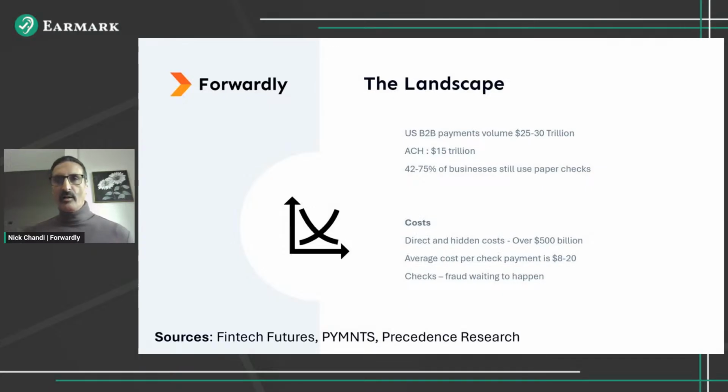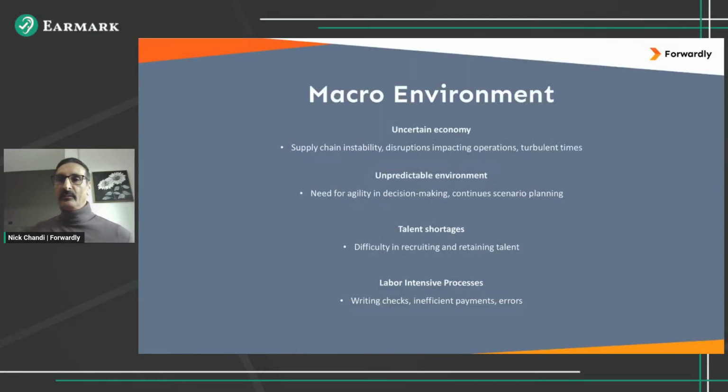And last I heard, they were still trying to recover their money after 6-7 months. They were able to recover only around 60-70% of their AR. That's not a good situation to be in for a business that is already facing a harsh macro environment.